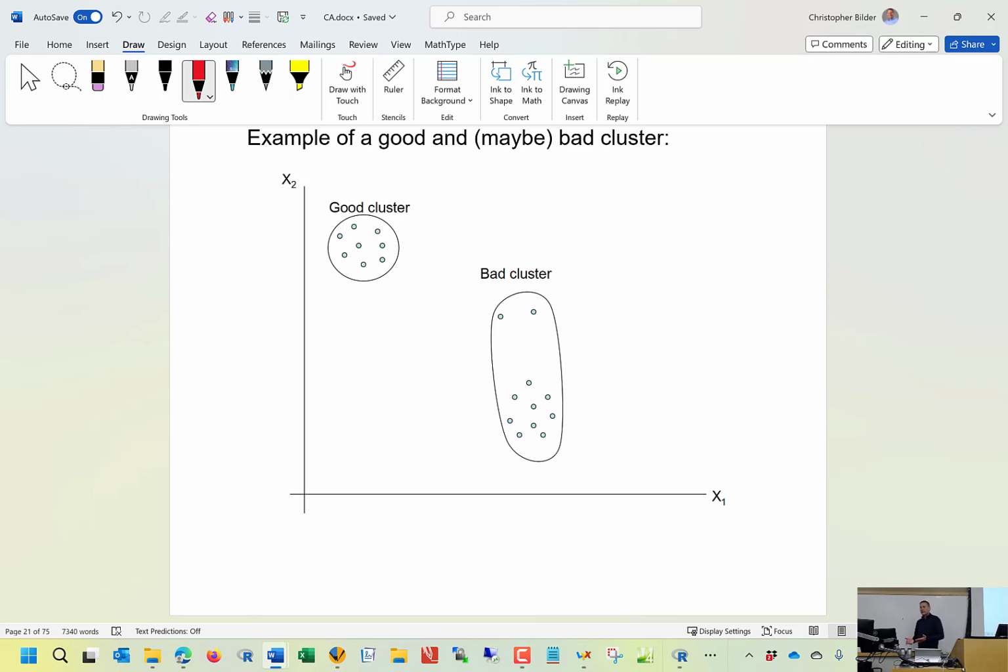Then on the right-hand side here, we have potentially a bad cluster, where we have 2 distinct sets of points here. But I've drawn a line around them to say, well, maybe this is a cluster itself. Now, relative to x1, we see these points are similar to one another.